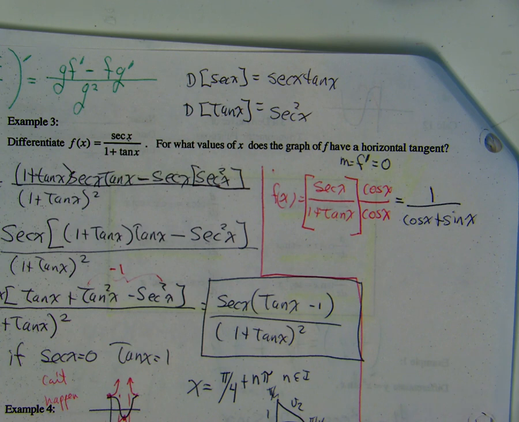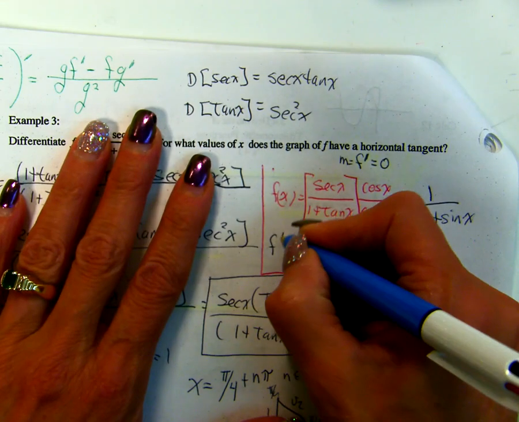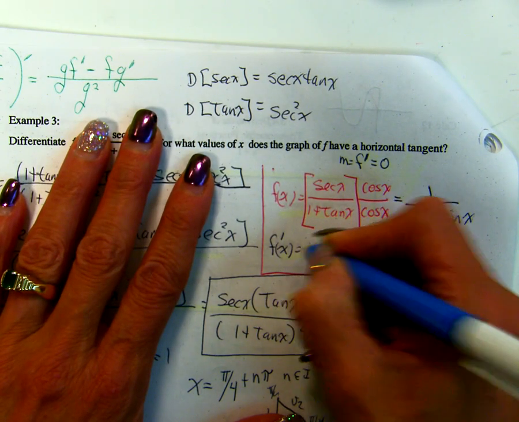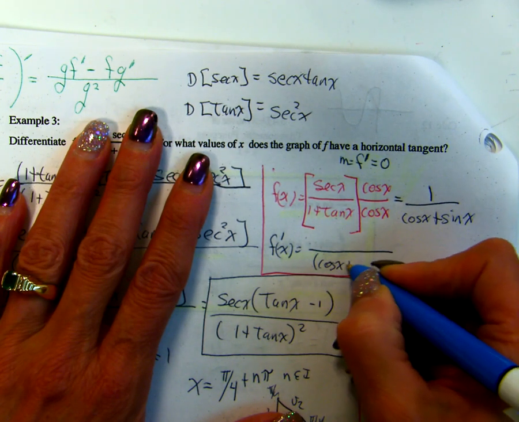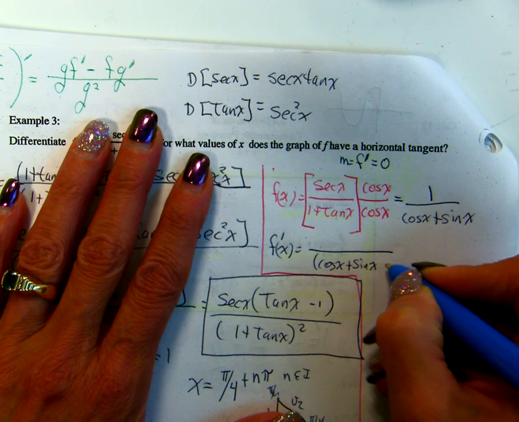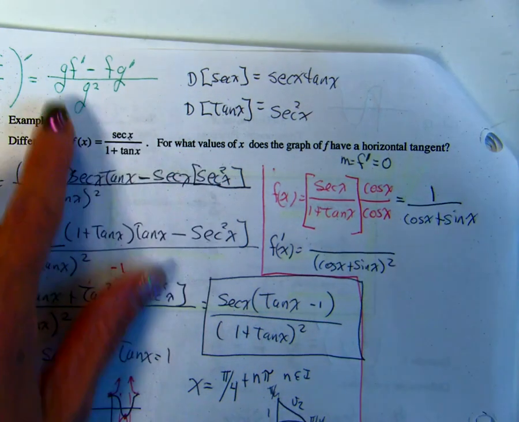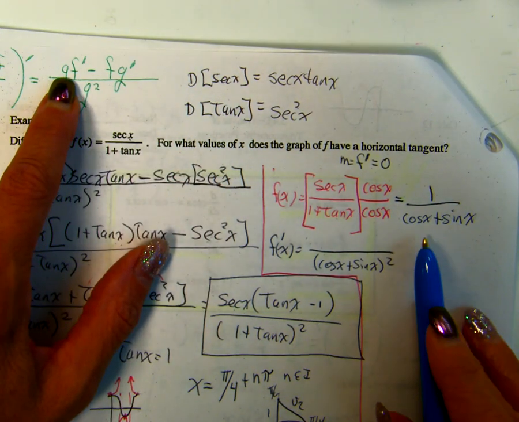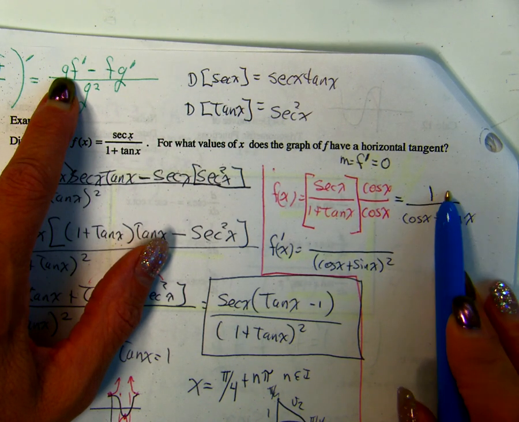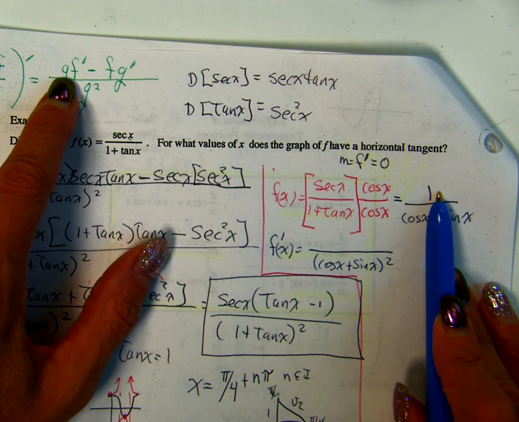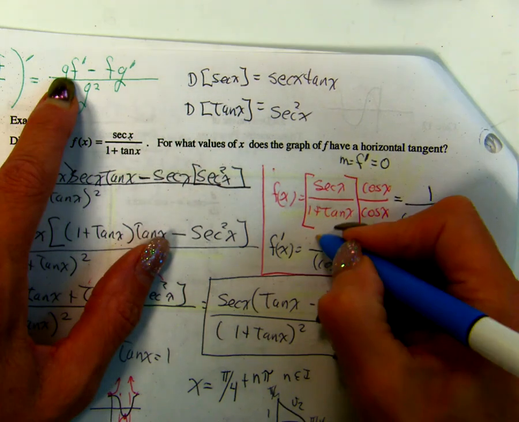Okay, that might be an easier thing to take the derivative of. You still need the quotient rule. What would f prime look like now? Well, we would have the denominator squared, cos x plus sine x, all squared. And how does this rule work? Well, it's the bottom times the derivative of the top. What's the derivative of the top? 0.